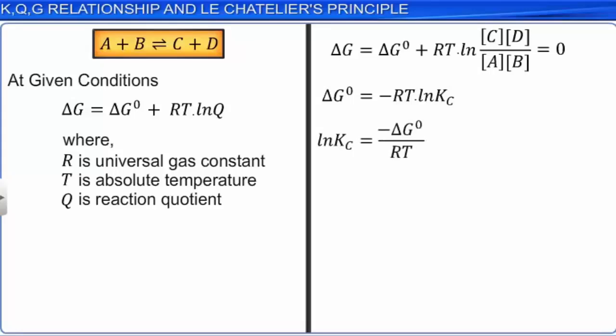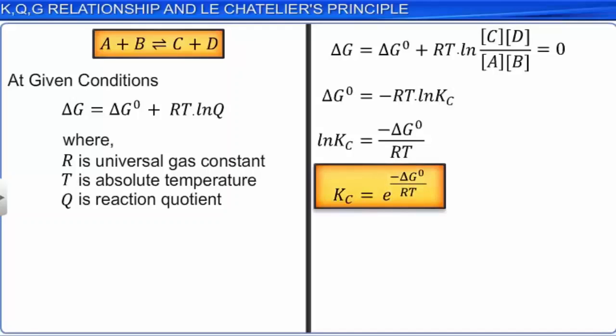Taking antilog on both sides, we get Kc is equal to e to the power minus delta G naught divided by RT. The reaction spontaneity in terms of the value of delta G naught can be known by using the equation Kc is equal to e to the power of minus delta G naught divided by RT.